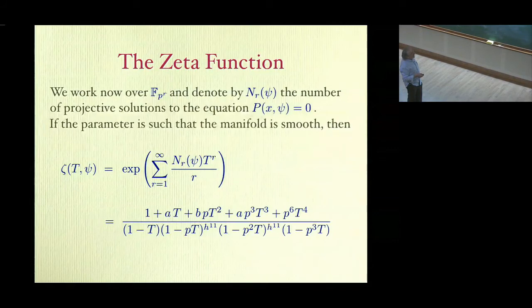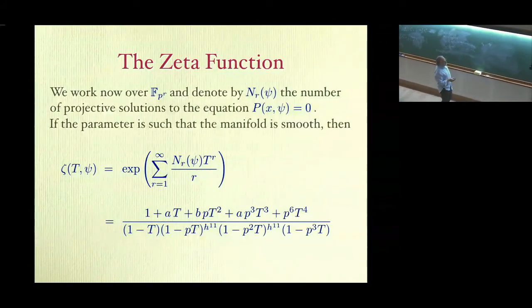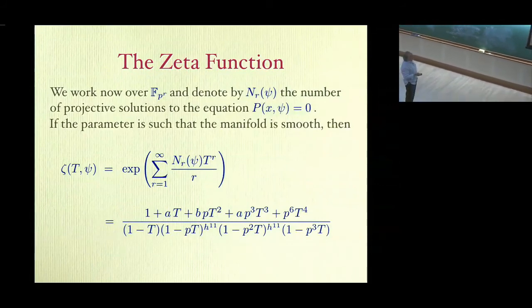The interesting bits are the bits on the top line, a polynomial which is quartic in this counting parameter t. You get a quartic, and this coefficient here is the same as this one. It depends just on two coefficients, A and B. So in fact, it's enough to know N_1 and N_2 to determine the zeta function.